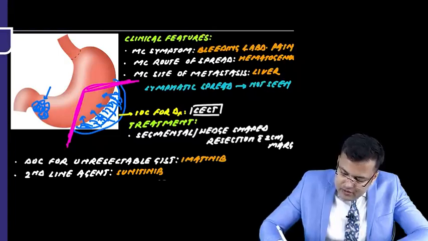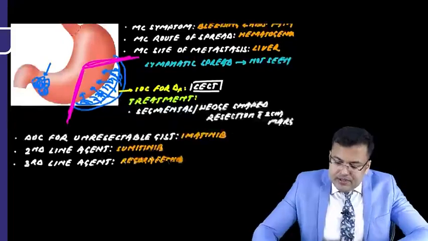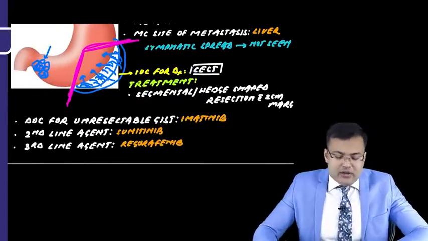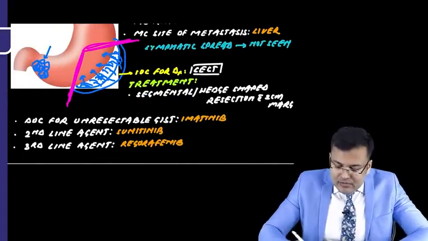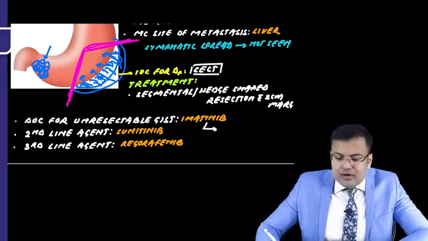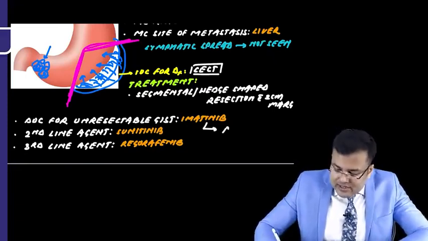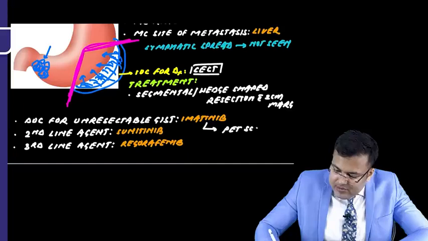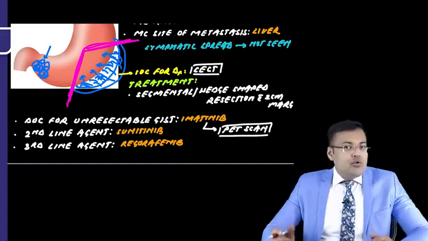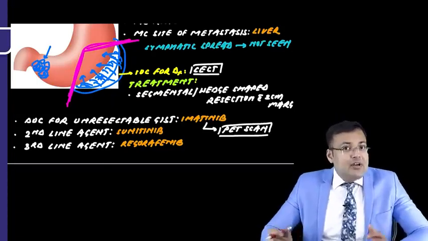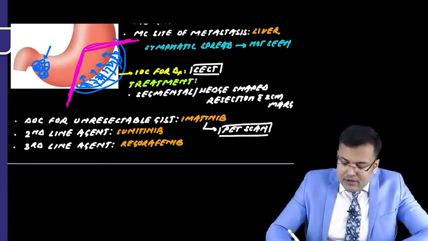So how are you going to check whether the patient is responding to imatinib or not? For assessing the response of therapy to imatinib, we go for PET scan. Clear? And what is the gold standard investigation for recurrent GIST? Important point.